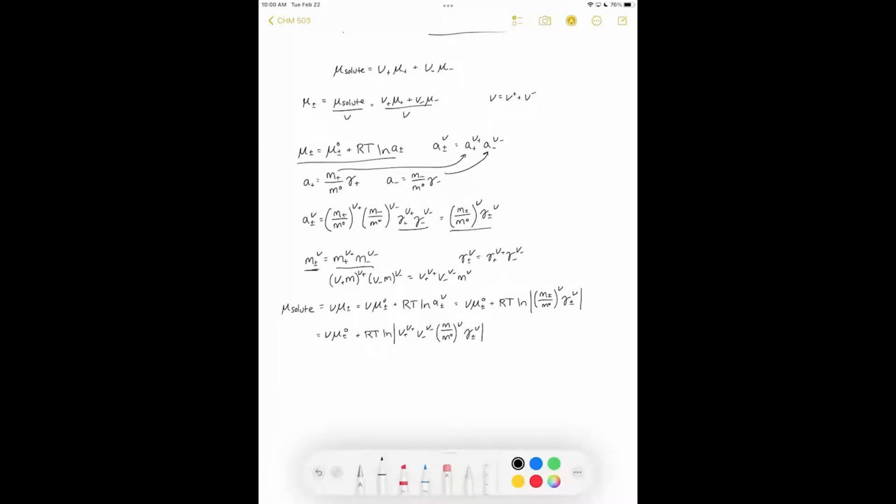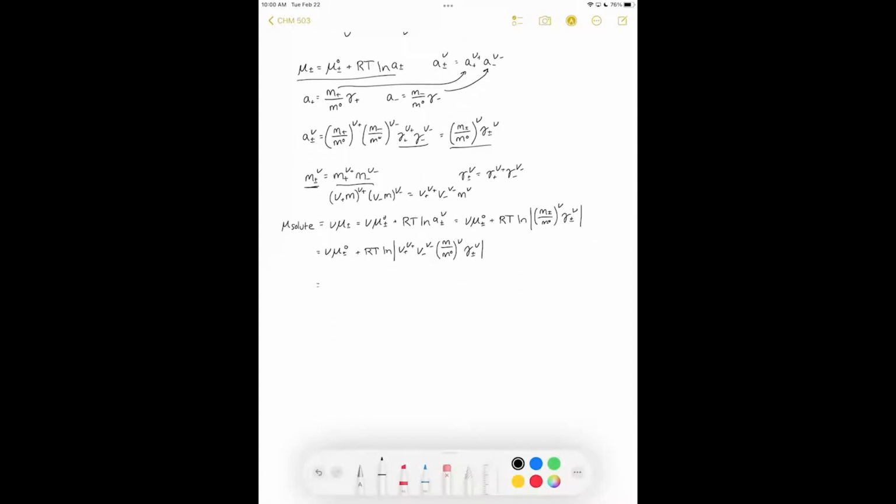And so what we'll do here is break this apart into 4 terms. So we'll say the chemical potential of the solute is equal to nu times a standard chemical potential plus RT natural log of nu plus raised to the nu plus, nu minus raised to the nu minus, plus nu RT natural log of m over m naught, plus nu RT natural log of gamma plus minus.